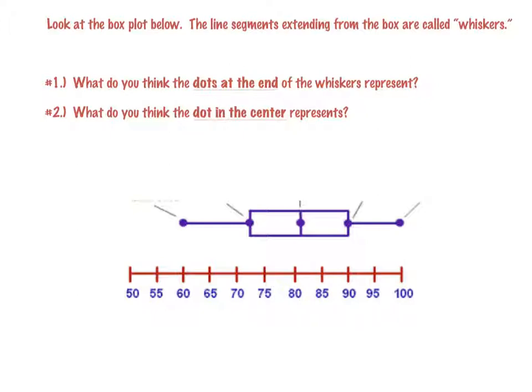Then question number two, what do you think the dot in the center represents? What could that little dot in the middle of the box represent for all the numbers in this graph? Later on, we're going to answer these two questions. So think about that and check later and see if you had the right answer.